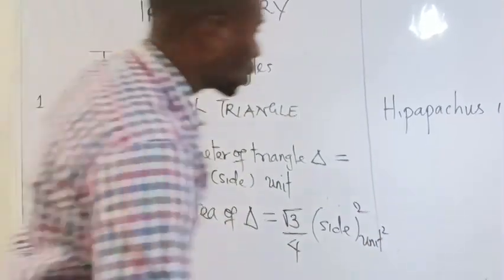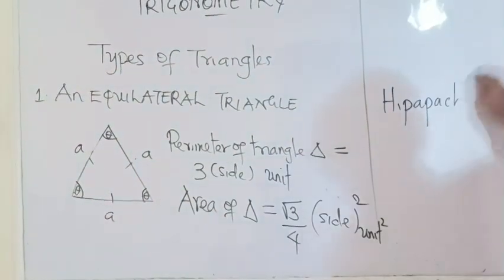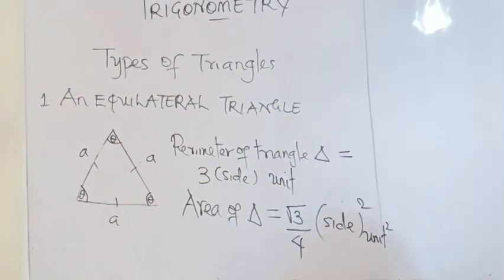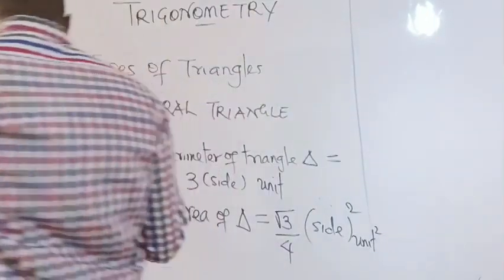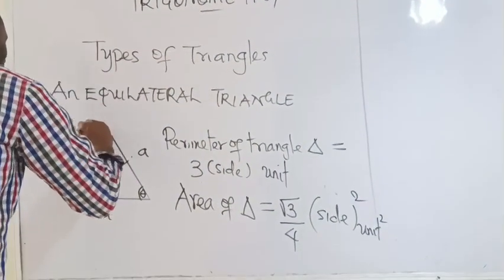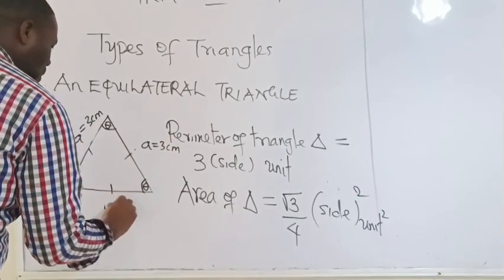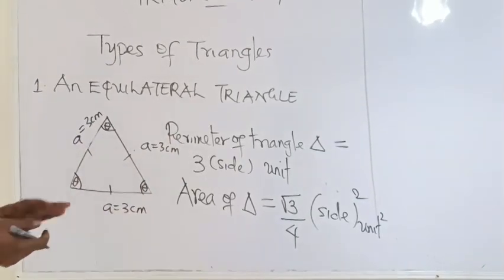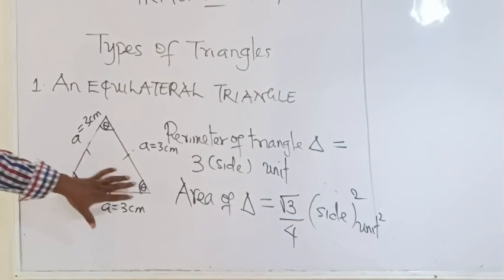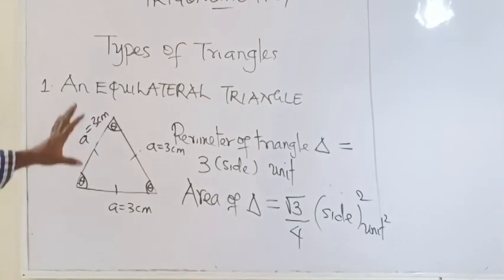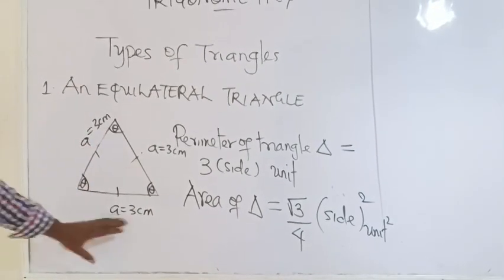So I give a working example just to concretize this. Let's take, for instance, that the side is 3 centimeters, this is 3 centimeters, this is 3 centimeters, and for now, I'm just imagining that the angles, which I know are equal, are not given, but the 3 sides are given.